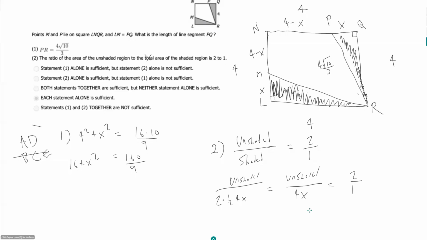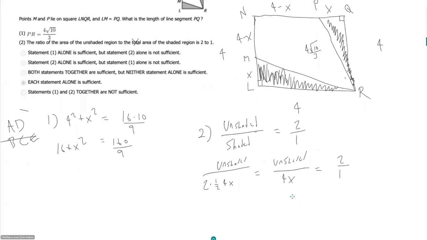And so now I've got to find my unshaded region. There's no formula like with triangles that we can apply to find the area of the unshaded region, so we have to think if there is another way. If I find the area of my entire square, and then I take out my triangles, my shaded region, all that's left should be the area of my unshaded region.